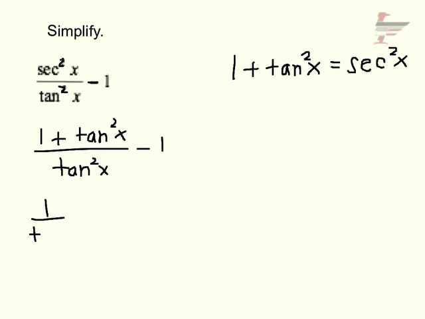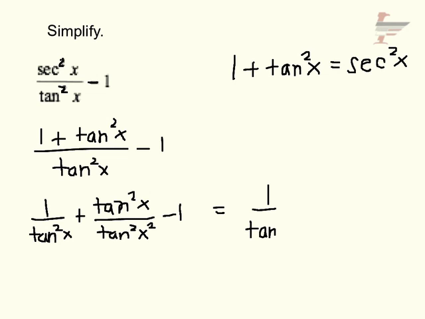So I'm going to write 1 over tan squared plus tan squared over tan squared, and then again you can see that cancels out to 1. So I have 1 over tan squared x plus 1 minus 1, because this is just 1, so those cancel each other out. And 1 over tangent, of course, is cotangent, so 1 over tangent squared would be cotangent squared. And that is as simplified as I'm going to get.